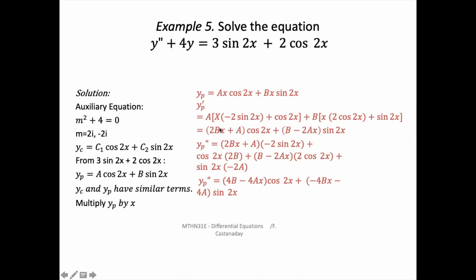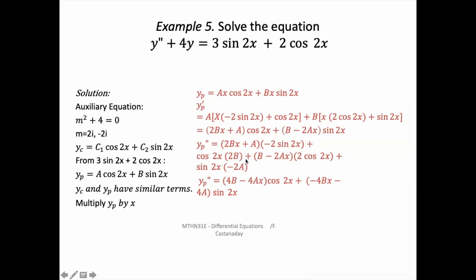Okay, so you copy first, using the product rule, differentiate cosine 2x, so you have minus 2 sine 2x. And plus, you copy cosine 2x and differentiate 2bx plus a, so you have 2b plus 0. Need not write 0 here.